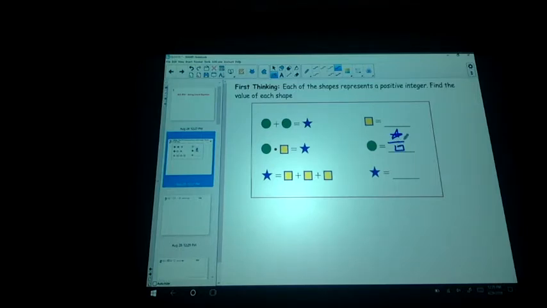How did I do that? By looking at the shapes. These are being multiplied together. So if I go circle times square equals this, and I divide both sides by square, square cancels out. That leaves me circle equals star over square.